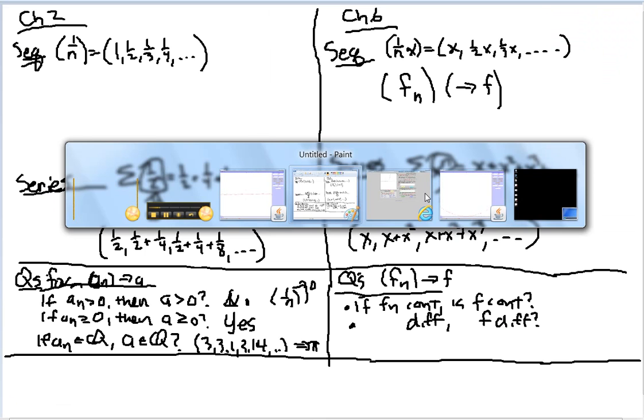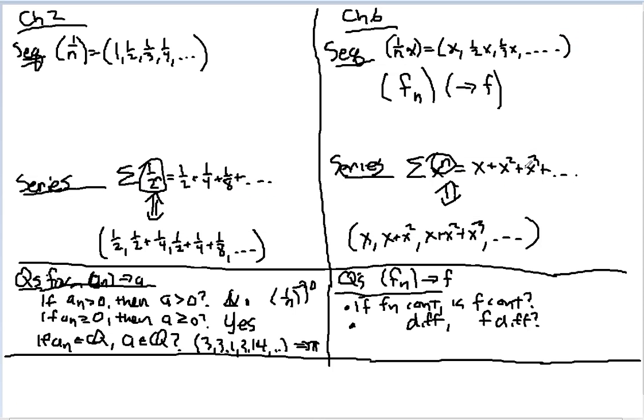So what we can say is that this function converges to 0, where the graph of 0 is not 0 the number, but rather it's the x-axis.